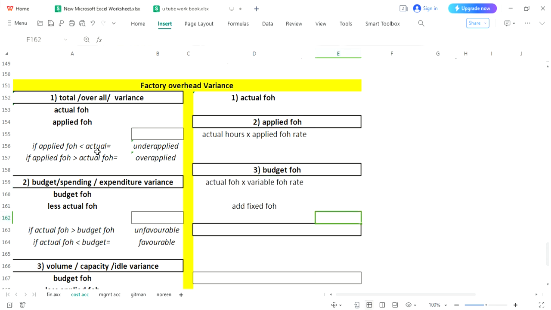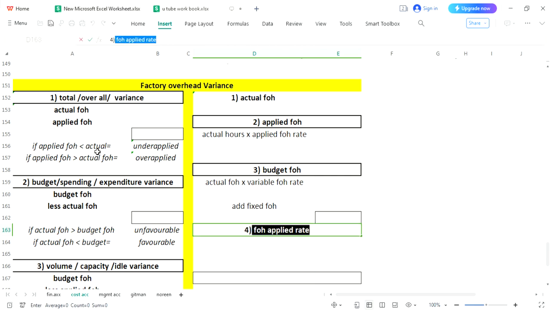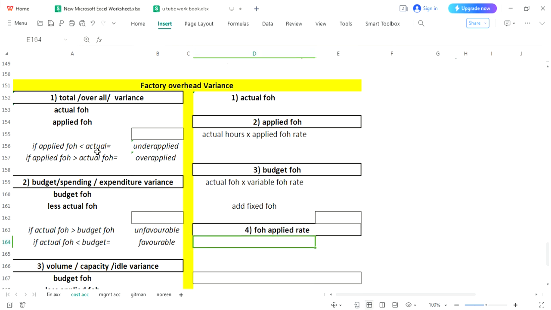The sum of these two elements would be written over here and that would be considered as your budget FH. And obviously, most importantly, at point 4 you need to calculate your applied FH rates. This rate includes two main rates, fixed FH rate, and you will add variable FH rate.